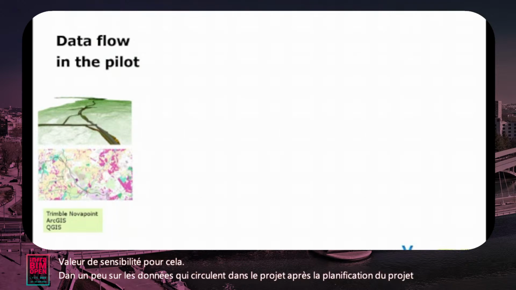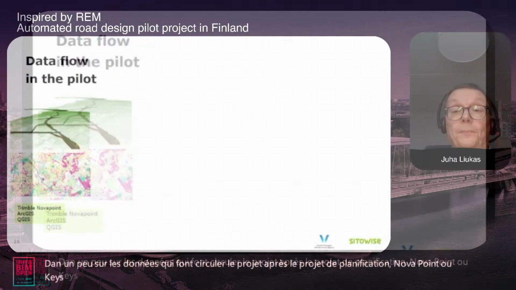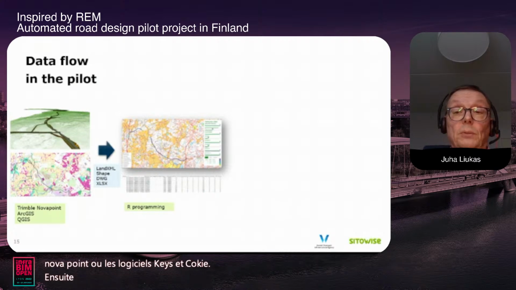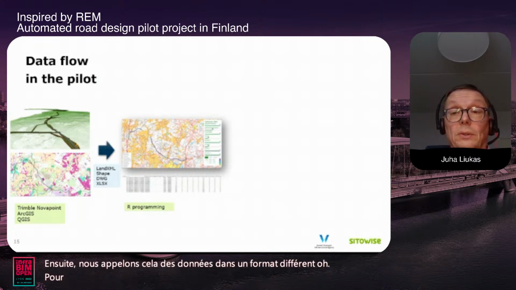Then a little bit about data flow in the project. In the actual planning project, NovaPoint, ArcGIS, and QGIS software were used. Then we collect data in different formats to the analysis tool in an Excel.